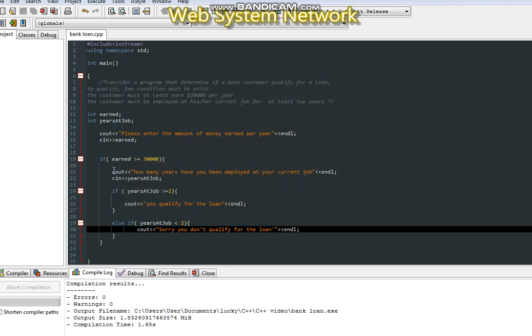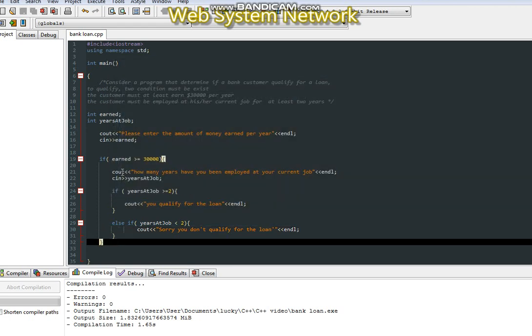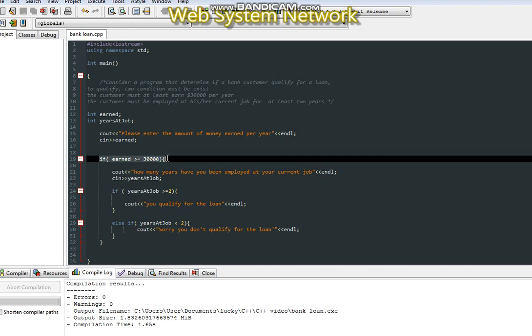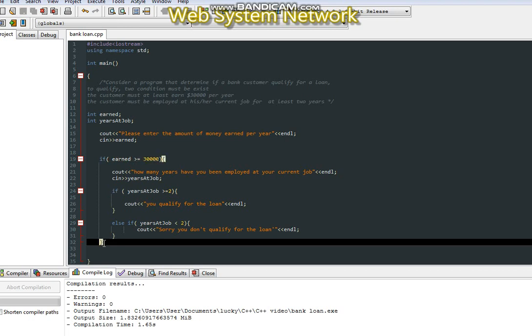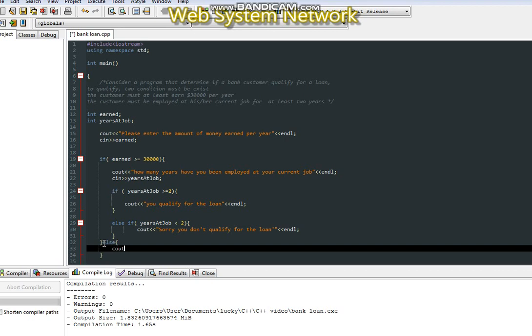But how do we fix that? We just come here and say else. If this one doesn't match, we come here and say else, cout, you must earn 30,000 per year to qualify.